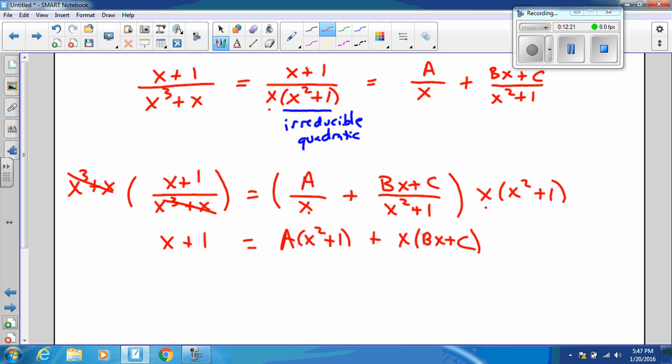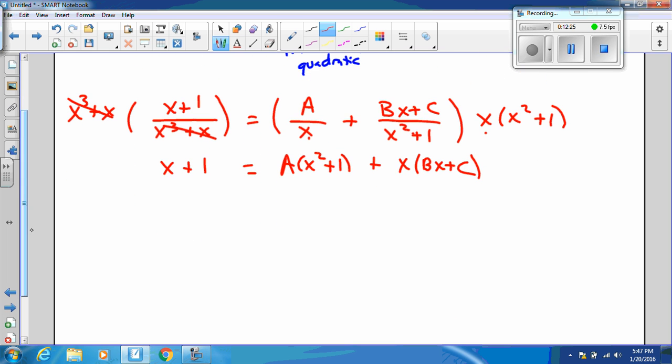Well, I could cast around for suitable values of x to plug in, and that would certainly work. However, here I'm going to use a different method, and that is I'm going to equate coefficients. If I take the right-hand side and simplify it a little bit, I get ax squared plus a plus bx squared plus cx.